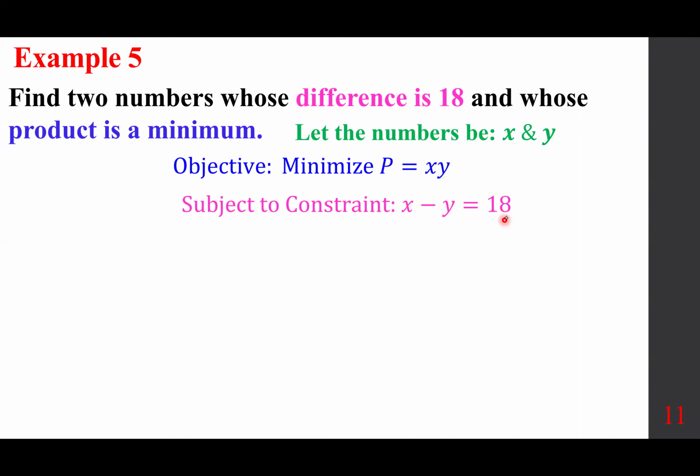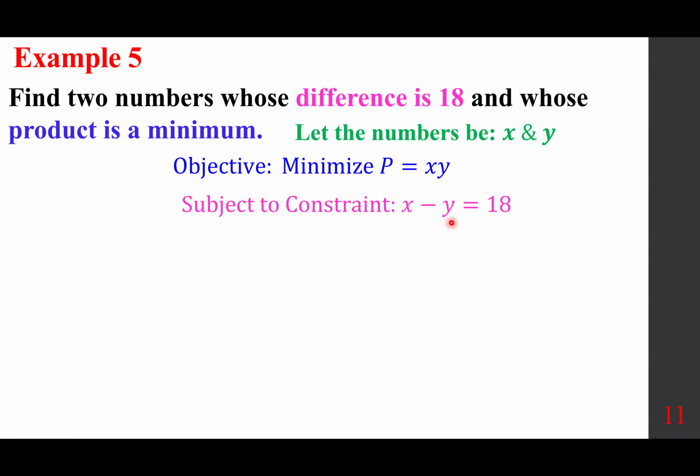If you wrote y minus x equals 18, that works. It's just that the first number becomes the second number and vice versa. You're just looking for two numbers. So P is a function of two variables. You solve for one of the variables and you put it here.